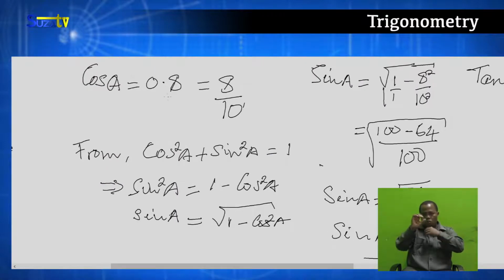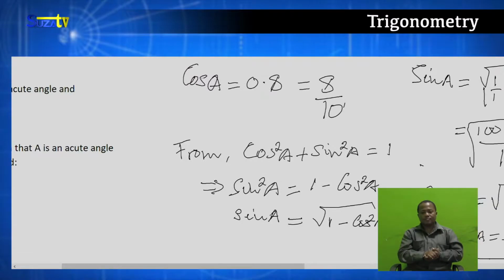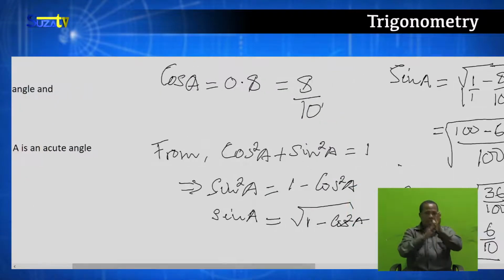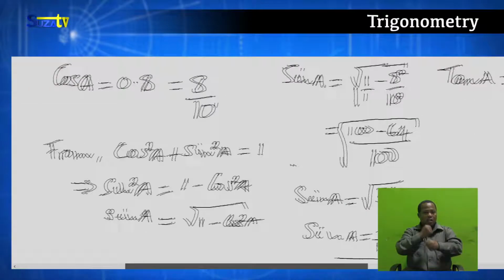Cos A is 0.8, which is 8 over 10 in terms of fraction. So we can now work out tangent A.